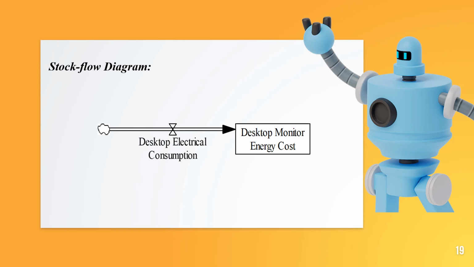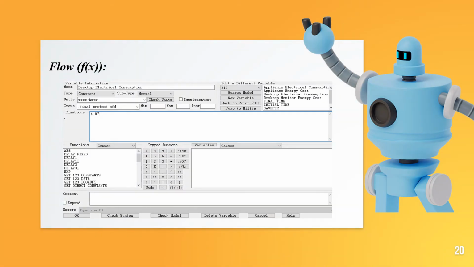So this will be the stock and flow diagram. Our flow will be desktop monitor electrical consumption, and our stock is desktop monitor energy cost. For our flow, the unit will be peso per hour, and the value that we will be putting is 4.07. This is what we got from the previous computation.